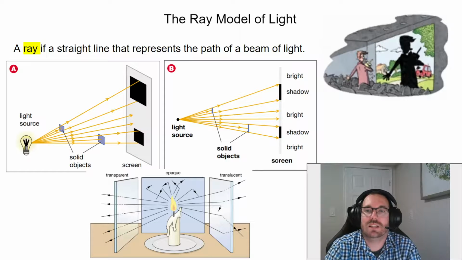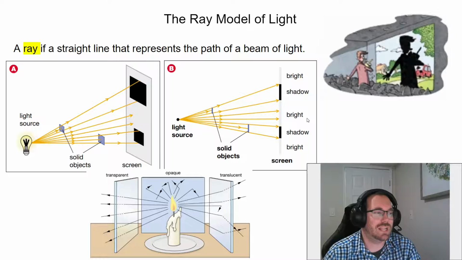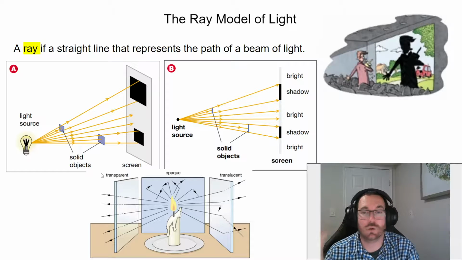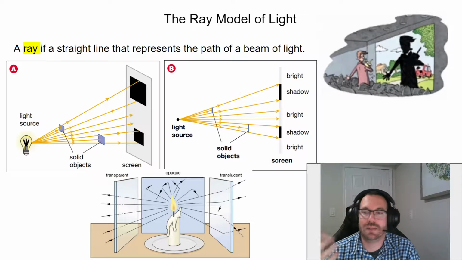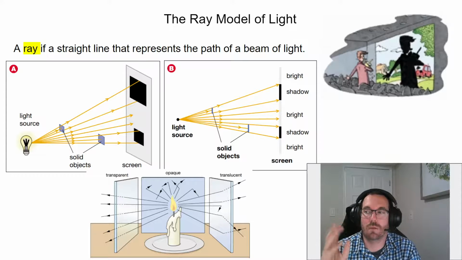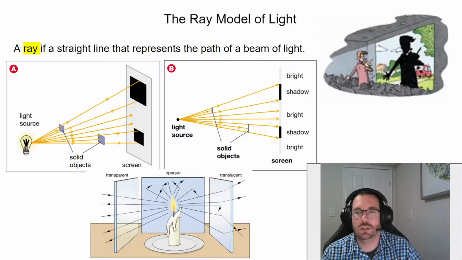We say that these clear substances are transparent. Transparent means that it can go straight through, no obstruction. Some examples are air, water, window glass, and the lenses of our eyes. We're going to talk about eyes a lot more later on. These are all transparent and allow light to pass through normally without any obstruction.